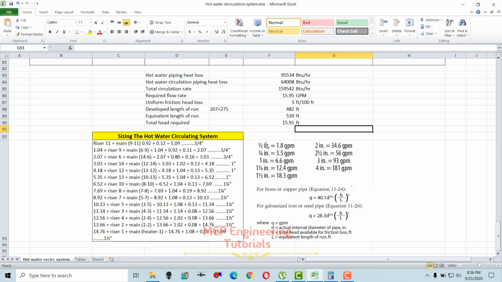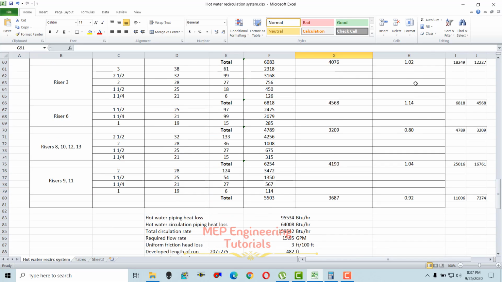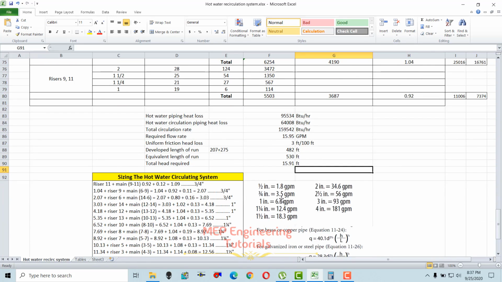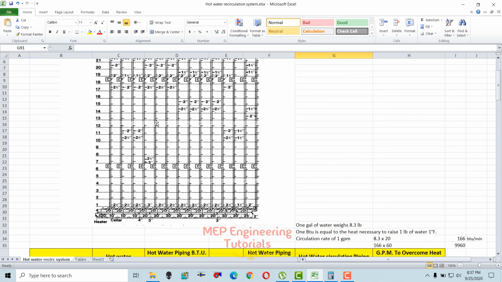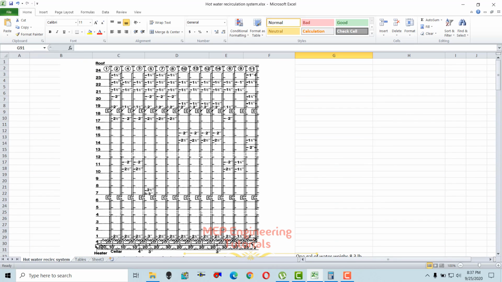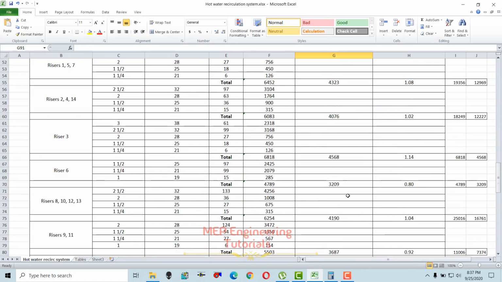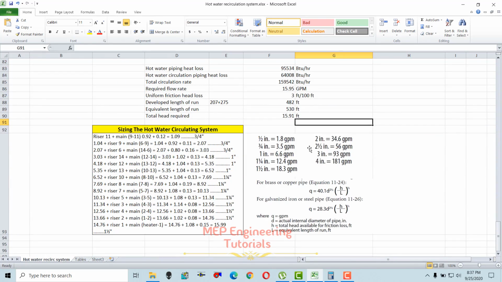So it is better to use 3 by 4 inch pipe size instead of half inch, even if it is 1.8 GPM. So I'm going to use a minimum pipe size of 3 by 4 inches for all the risers. Since all GPMs are less than 3.5, all the riser sizes for the recirculation hot water will be 3 by 4 inches. So the riser size is done, 3 by 4 inches.